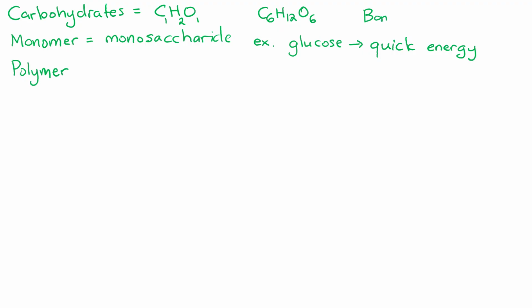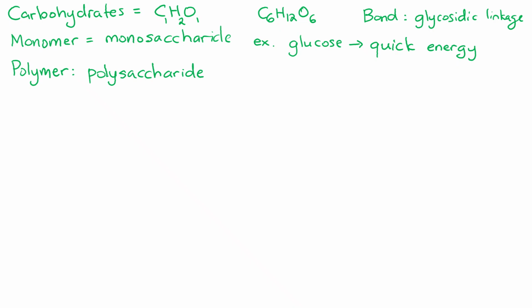The bond for carbohydrates, the covalent bond, is the glycosidic linkage. And then for polymers, it is a polysaccharide. So many monosaccharides linked up by the glycosidic linkage will create a polysaccharide.